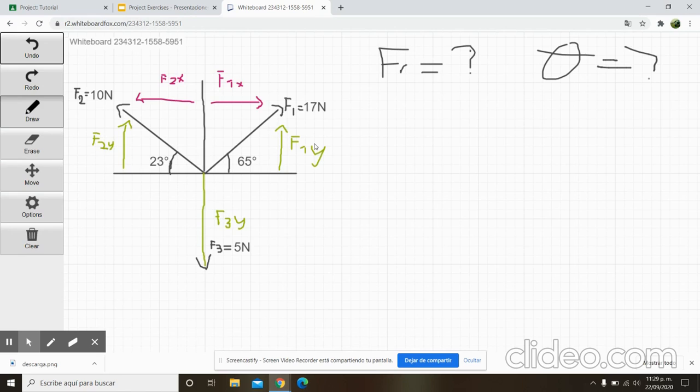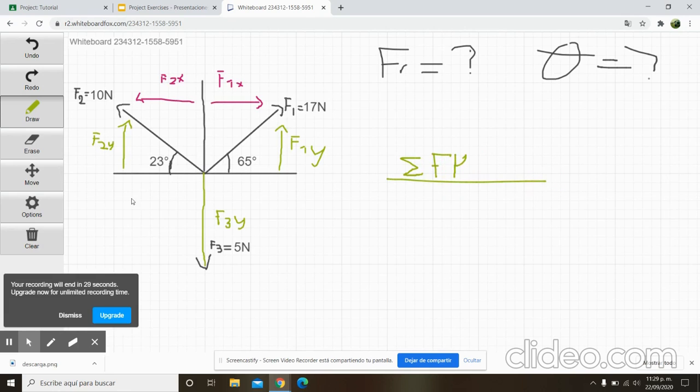Now we're going to separate the first one. So we're going to make an expression with the force j, so we don't get confused. We are going to put it all now.